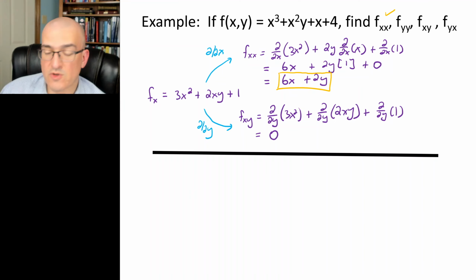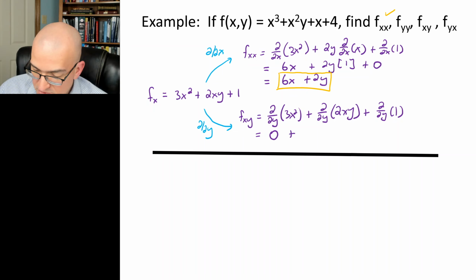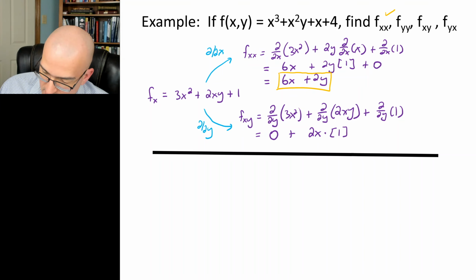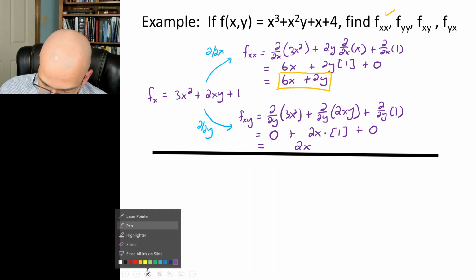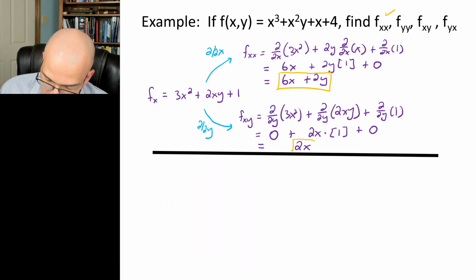We have the y derivative of 1, which is 0, plus we can take the 2x out front. We have 2x multiplied by the derivative of y, which is just 2x times 1, plus 0, and we get just 2x. So there's our first mixed partial.